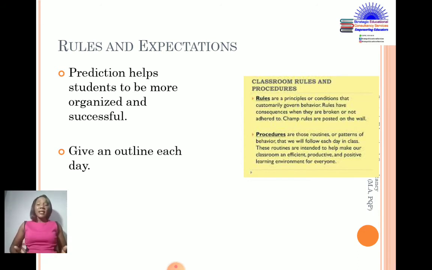At the beginning of class, when you would have set your rules and your expectations and these procedures and all that you need for the students to understand and to navigate the classroom, there must be an outline each day. Similarly to when we plan our lessons and we go to our classrooms, we are saying to the students, these are the objectives that we're going to be uncovering for today. This is what we're going to be looking at. These are the activities to be done. If you teach at the upper school level, you may want to say to them, this is what is going to be done in preparation for the SBA.